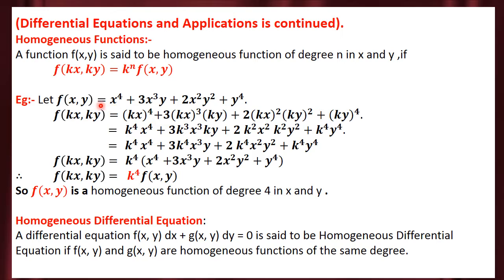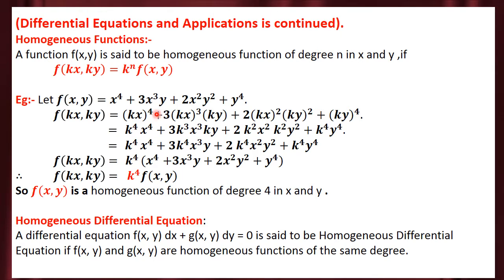f of x, y is taken as x raised to 4 plus 3x cube y plus 2x square y square plus y raised to 4. So we will substitute kx, ky in place of x and y respectively. So f of kx, ky is equal to kx raised to 4 plus 3 into kx the whole cube into ky plus 2 into kx the whole square, ky the whole square plus ky raised to 4.